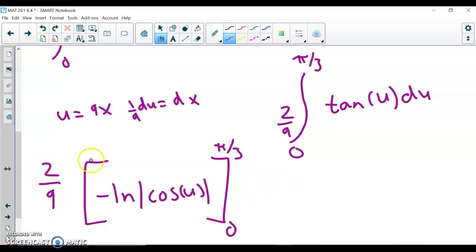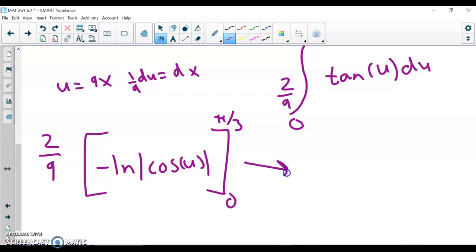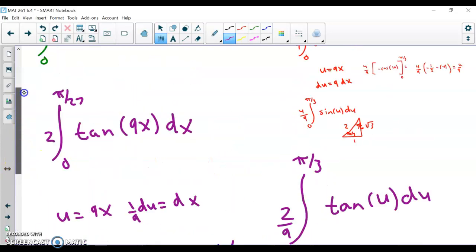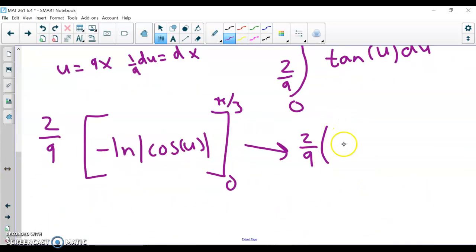All right, so let's see. We've got 2/9 times, so pi over 3. We already said that cosine of pi over 3 was a half, right? It was a half. Minus natural log of a half. Okay. And then we subtract, evaluating at 0, remember cosine of 0 is 1, so this is minus, but we have to subtract this, so a double negative is going to be a positive.